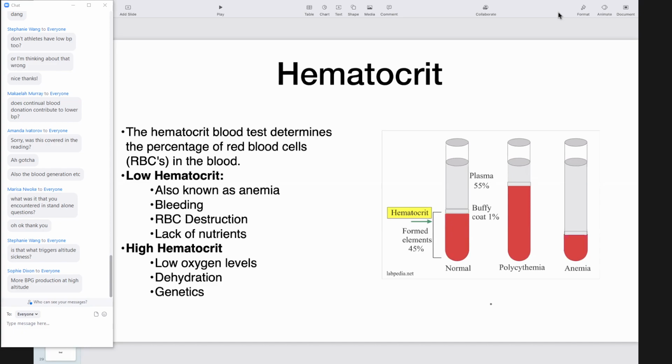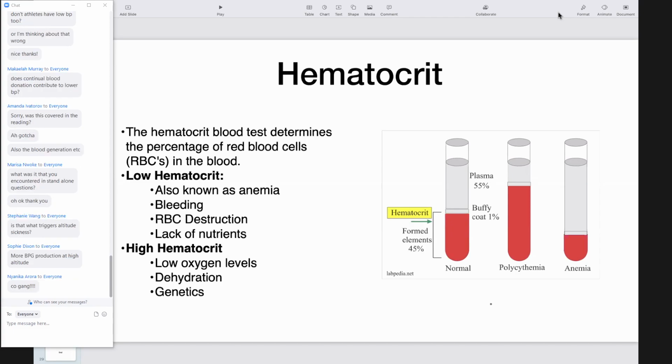So if you think about where our Olympic training center is, it's in Colorado. Colorado is at a very high altitude. So what we do is we train where there's low oxygen, and we get these athletes ready to deal in low oxygen settings. So when they go back down to sea level to compete, they now have a high hematocrit.